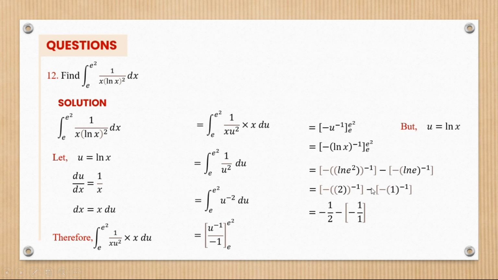This negative and this negative affect each other, and we'll have a plus. So we have negative a half plus 1, which is equal to positive a half, and that is going to be our final answer.